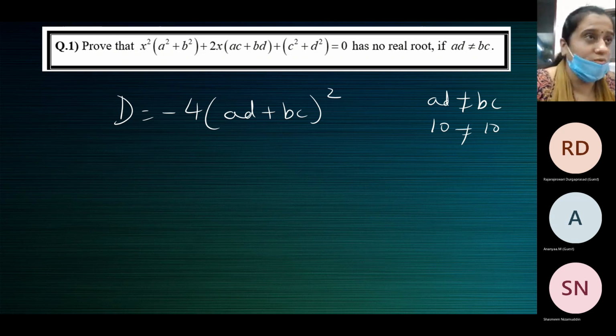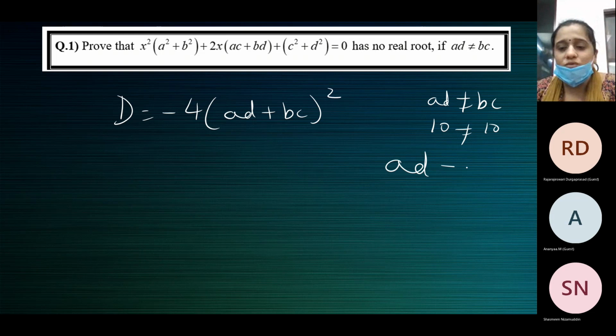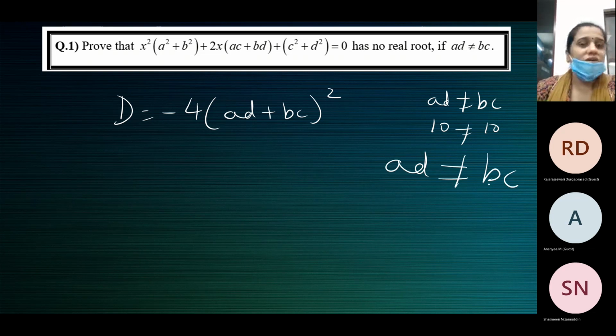Like 5 minus 3 is 2, 3 minus 5 is minus 2, or 5 minus 5 is 0. But here the difference cannot be 0, because the product AD is not equal to the product BC.